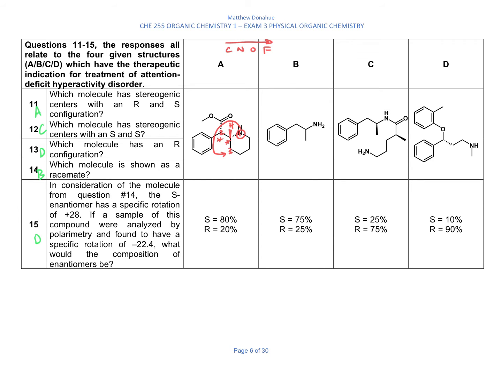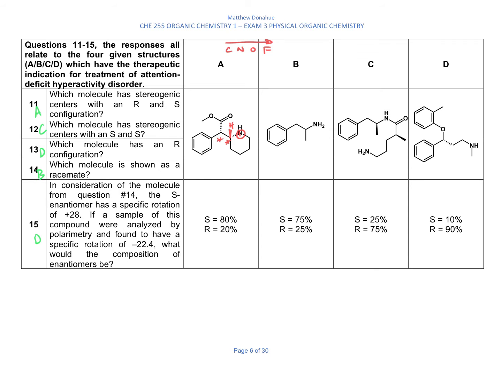counterclockwise, but because the lowest priority is towards us, we have to reverse it from the S to the R. So let's go ahead and do that. So we'll assign that.